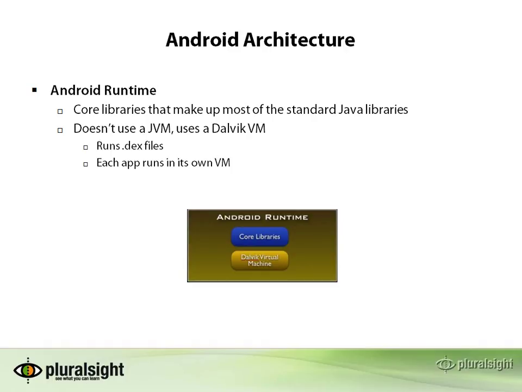You're not going to be able to do some of the cool tricks that you can do in Java. So you really have to consider that when you are developing an Android application and you want to pull in some Java library, that if it uses some of this stuff that's not supported in Android, you won't really be able to use it. It's not a JVM.